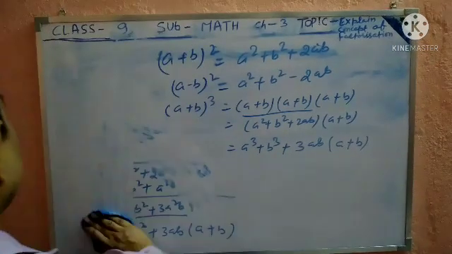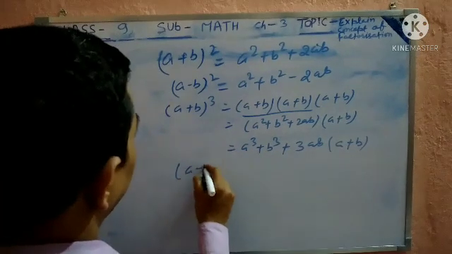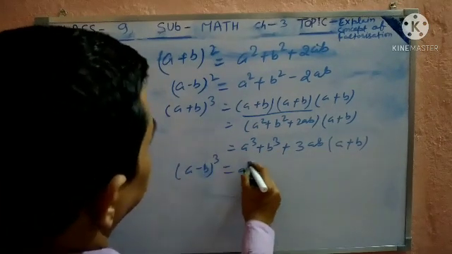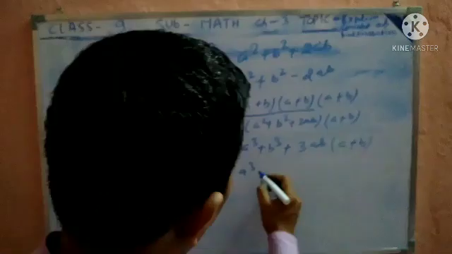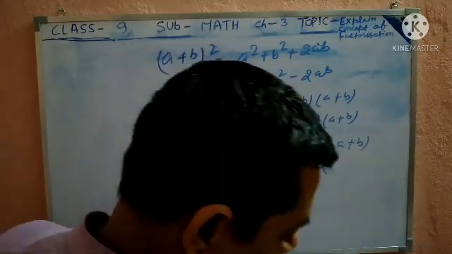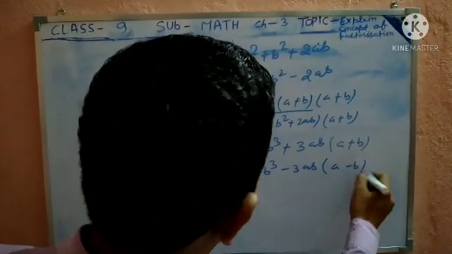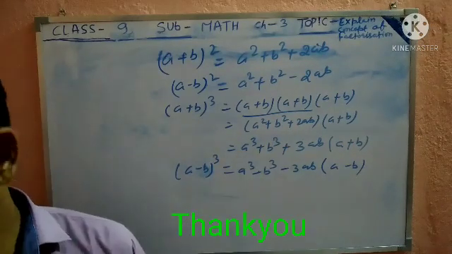Now the other term, multiply this also to find out: a cube minus b cube minus 3ab into a minus b. Factorize this term and find it by multiplying. Okay, thank you.